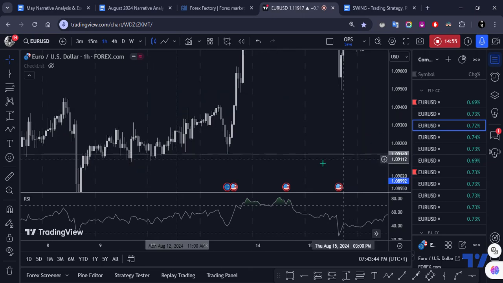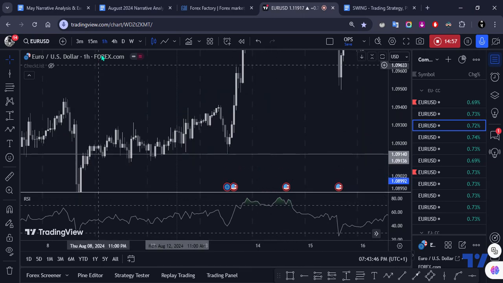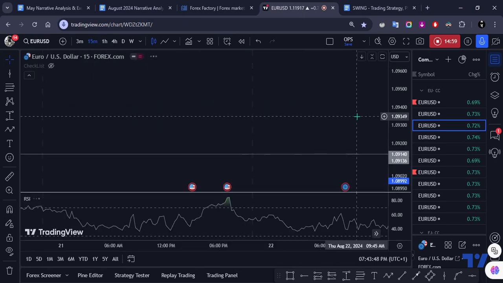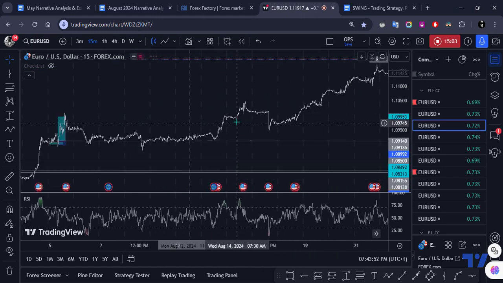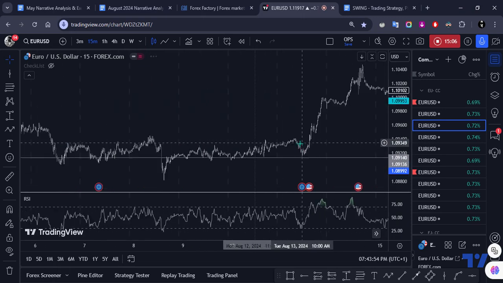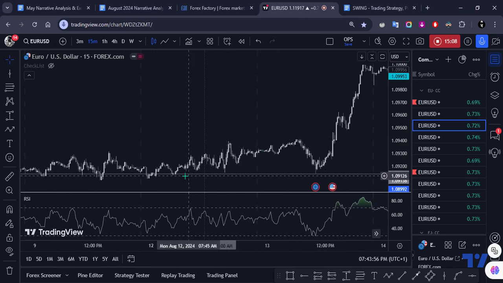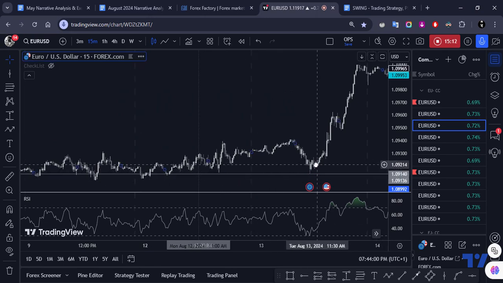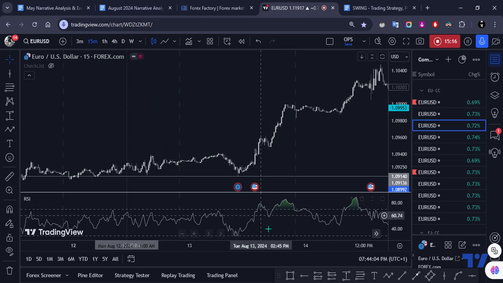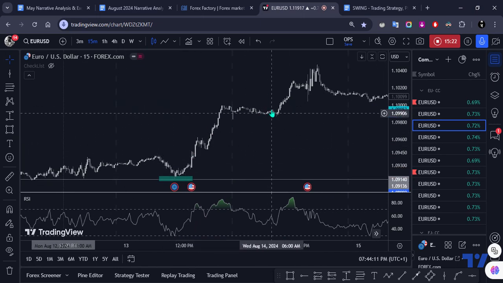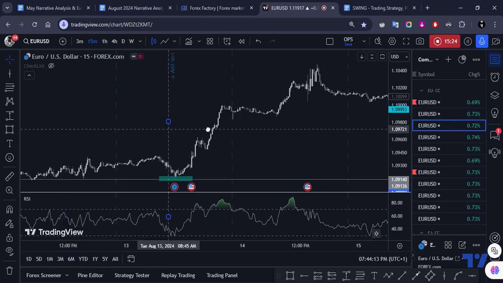Now let's move to 15 minutes. No entry. No entry. Imagine there was a double bottom at the spot. That would have been a good entry at the spot as well. Let's check.